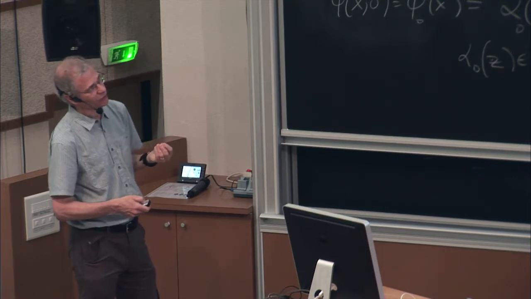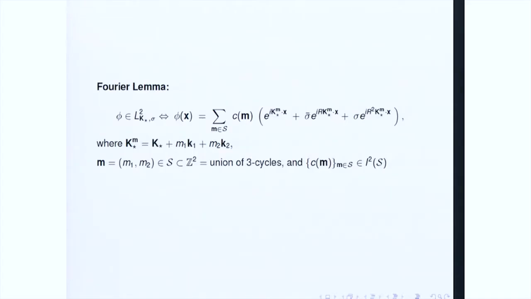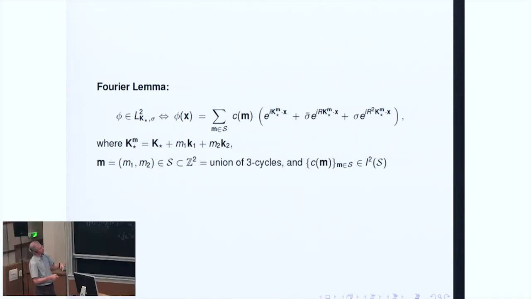So we could study 3 separate eigenvalue problems. This is what a Fourier series looks like on the honeycomb structure in each of those summands. So these are the coefficients that you saw in the Fermi velocity. And this is a sum over, well, the rotation induces 3 cycles, and so you have to take one representative from each 3 cycle, and that's this set S, which is a subset of Z2. So this is the natural Fourier language for the honeycomb structure.